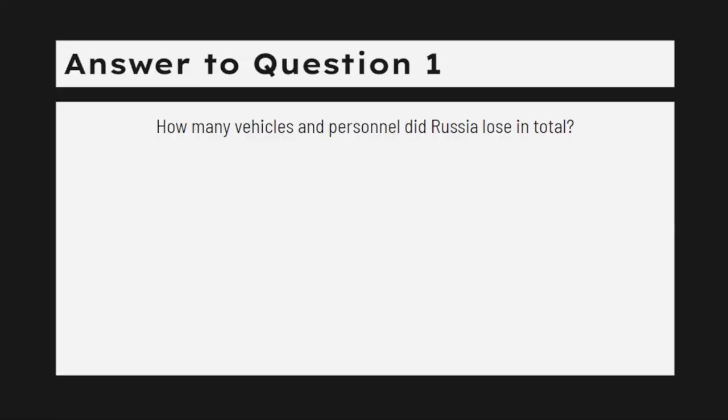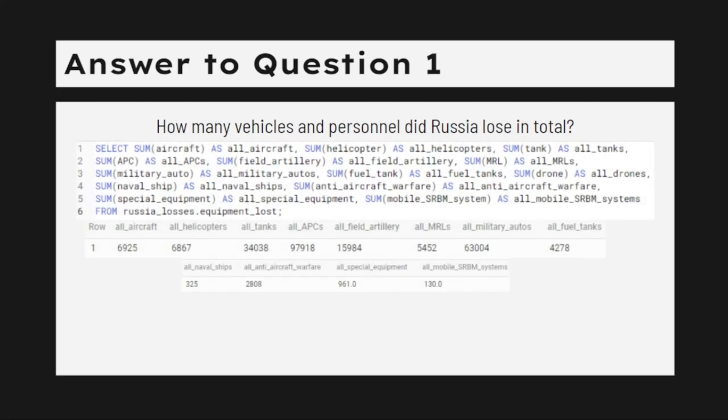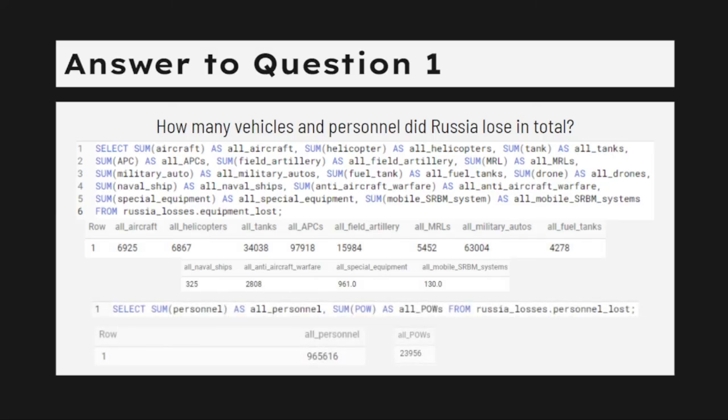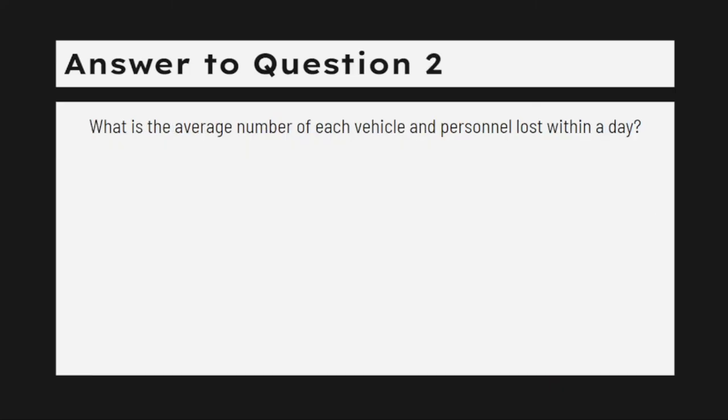Our first question is, how many vehicles and personnel did Russia lose in total? To answer our first question, we used BigQuery to calculate the sum of our data in both tables. We also used Data Studio to visualize the data over time. The second question is, what is the average number of vehicles and personnel lost within a day?